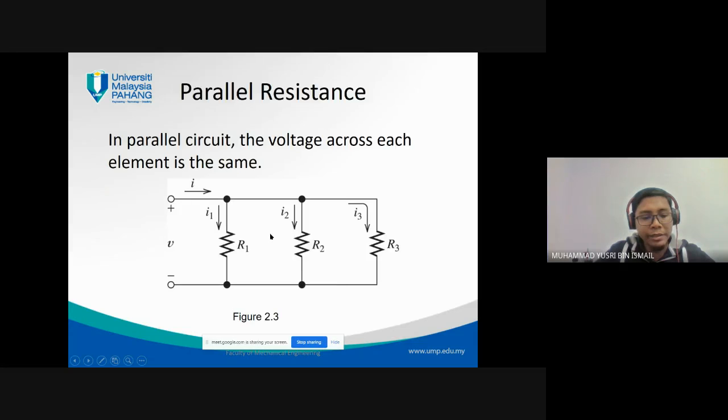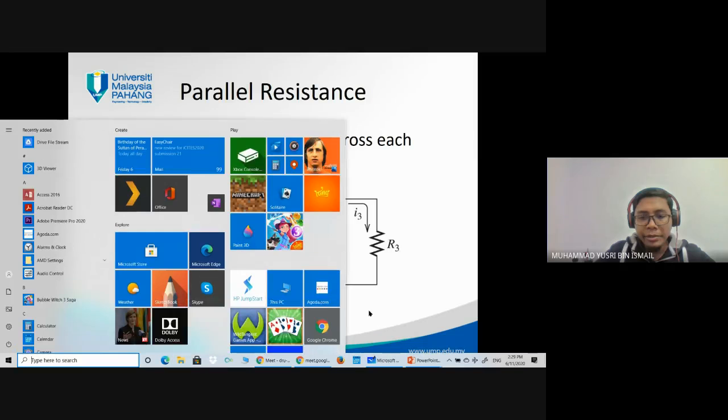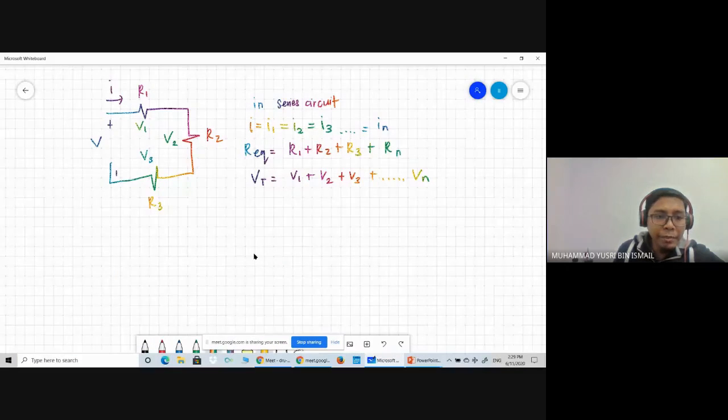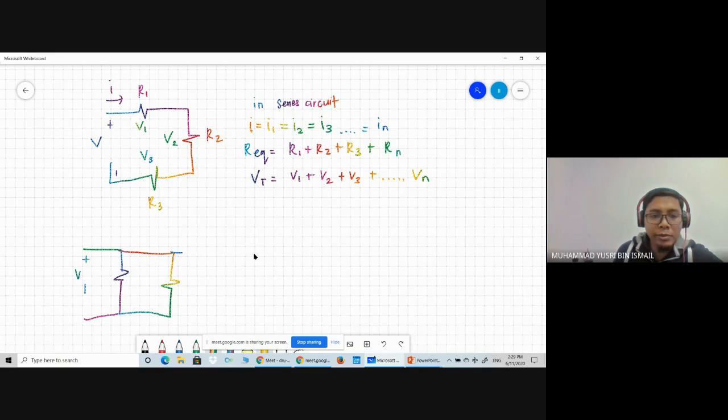From here we can write the equations for a parallel circuit. There is a voltage supply, and this is R1, R2.